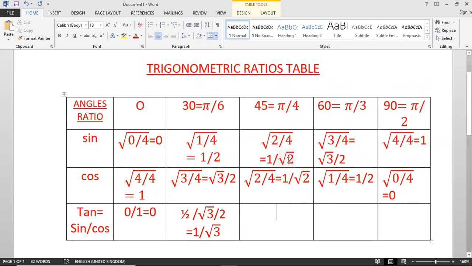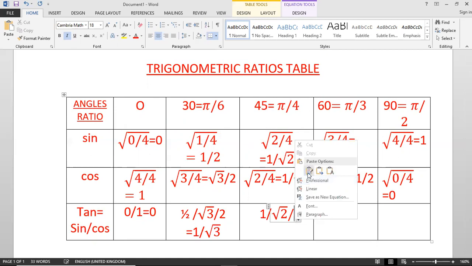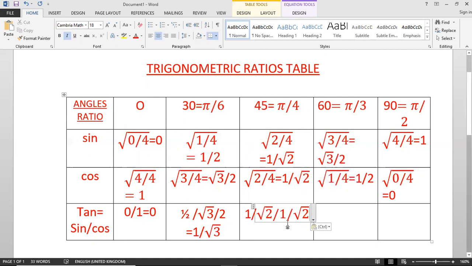Similarly, for this value, because these are identical values, we will divide this value by itself, which is the next value as well. And we will see that both of these values will be equal to 1 because they cancel.